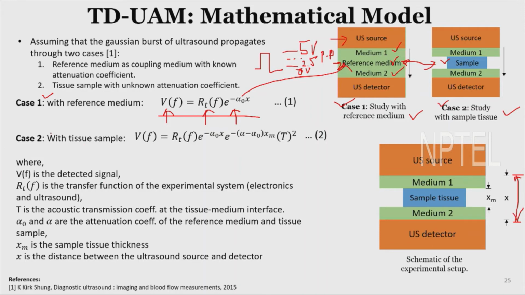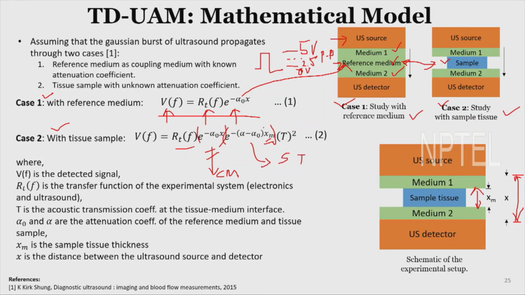In the second case, with the tissue sample, you have a different equation. So you have RT, and then there is a product of two terms. The first term is for the coupling medium, and the second, with xm, the thickness of the sample medium, is for the sample tissue.